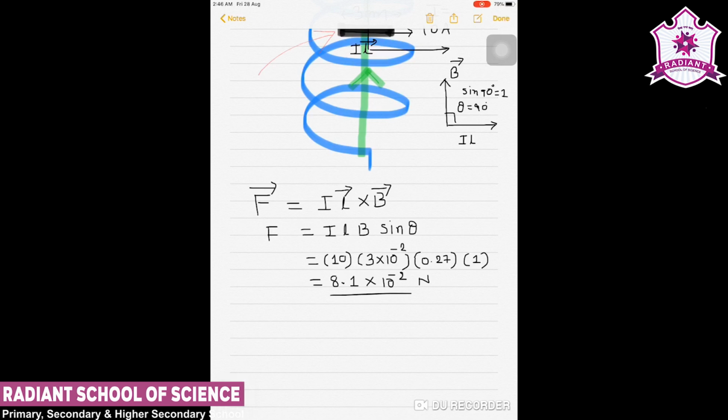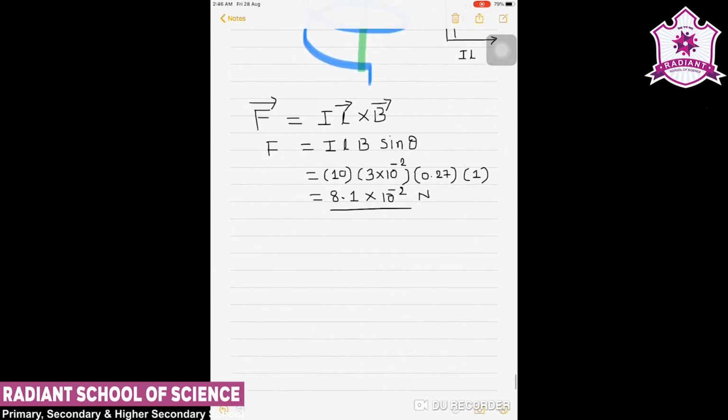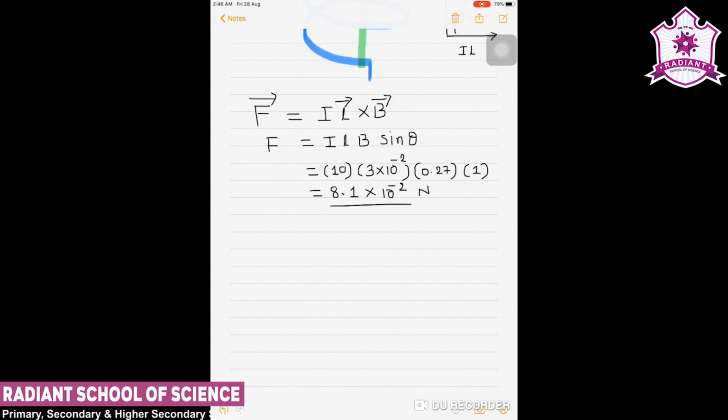Fleming's left hand rule states that if the direction of the magnetic field is in the direction of the pointer, the magnetic field is indicated by the pointer.